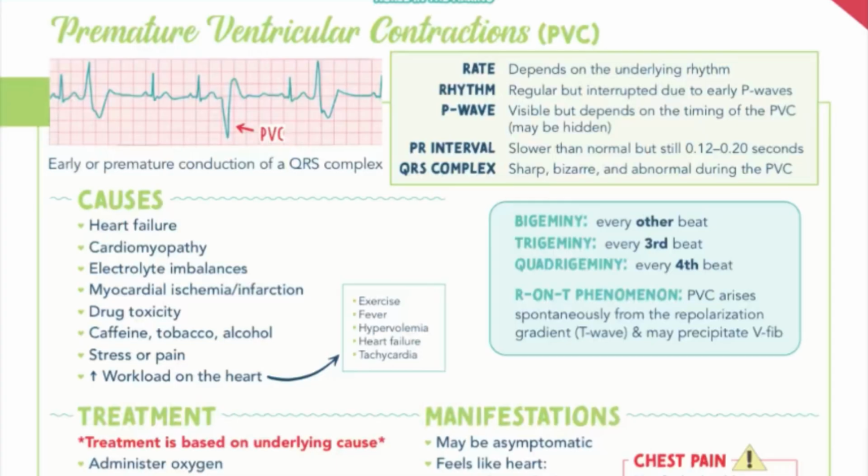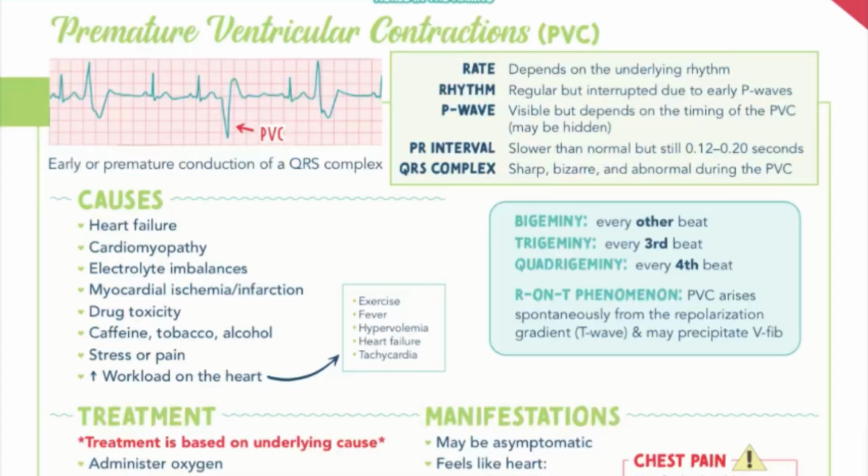The PR interval is usually normal, and the QRS complex is wide and may be of uneven height, with a bizarre form. You can see the first is small, then it's bigger, then it goes down, and you can see there is a bizarre pattern on the ECG.